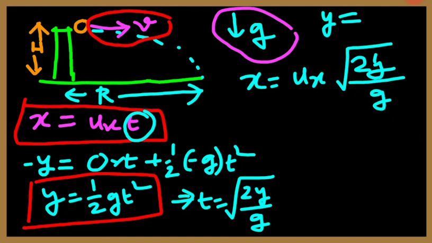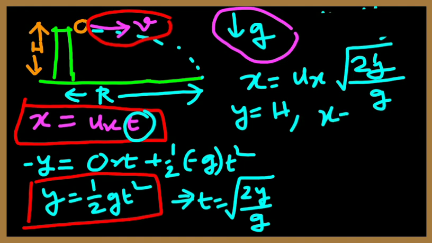Now for y is equal to capital H, x is equal to r. Let's write it here separately: for y is equal to capital H, x is equal to r.